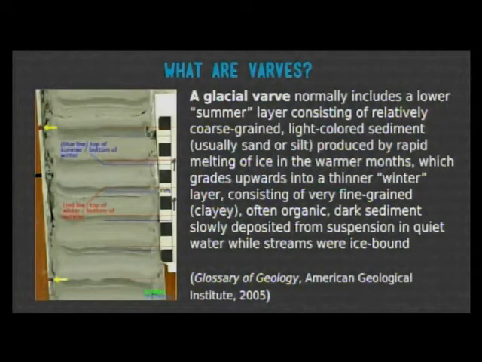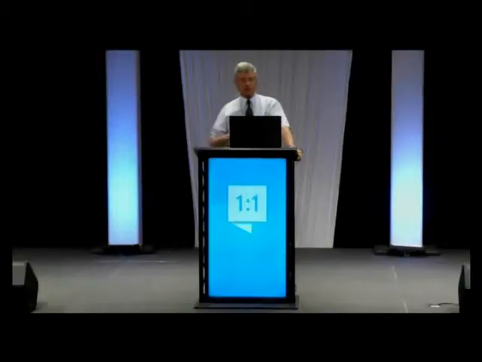A glacial varve normally includes a lower summer layer consisting of relatively coarse-grained, light-coloured sediment, usually sand or silt, produced by rapid melting of ice from a glacier in the warmer months, which grades upwards into a thinner winter layer consisting of very fine clayey, organic-rich dark sediment deposited in suspension in a lake.